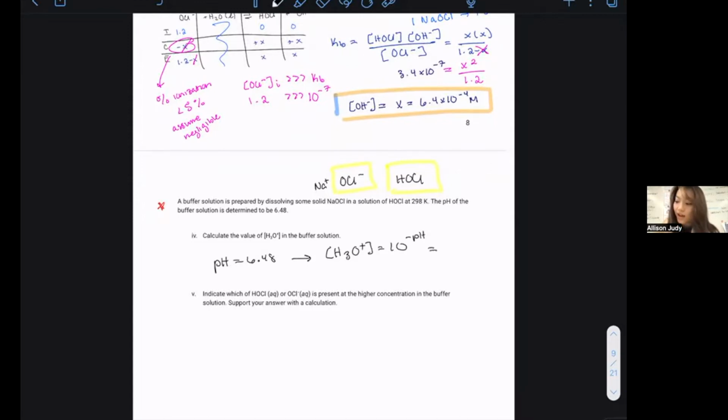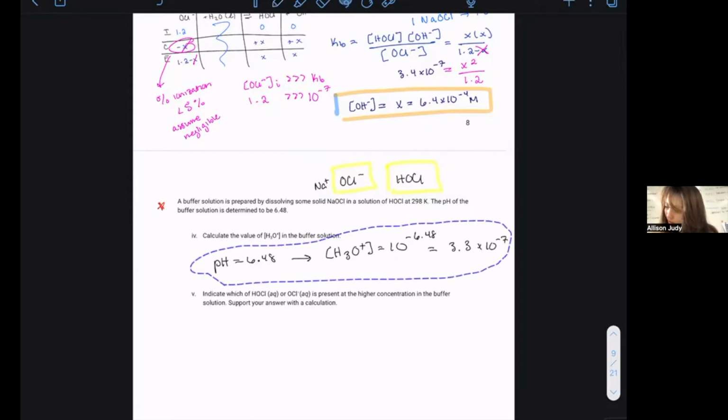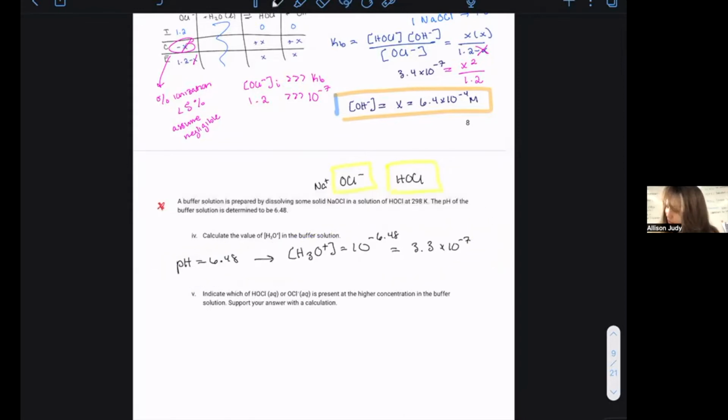So I get 10 raised to the negative 6.48, which is 3.3 times 10 to the negative 7 molarity. Let me move this over because I didn't leave myself enough room.